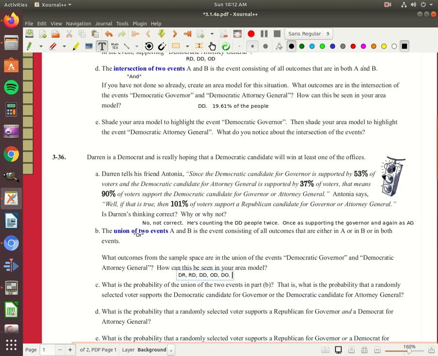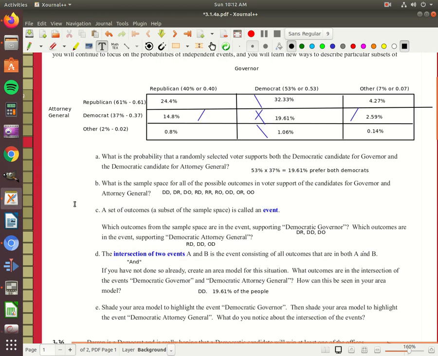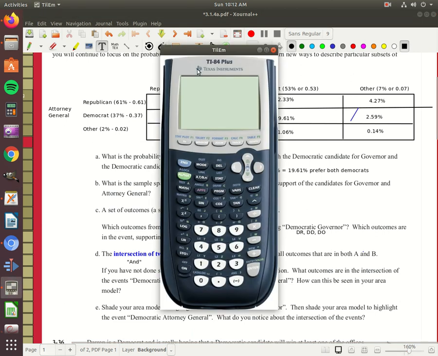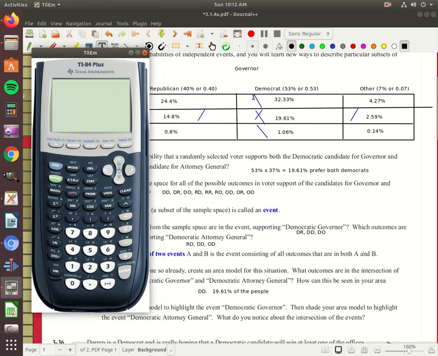And then what we can do here is figure out the odds of this happening. So what we'll do is add these together, right? We'll say, all right, well, here there's 32.33%, plus here there's 14.8%. Here there's 19.61.